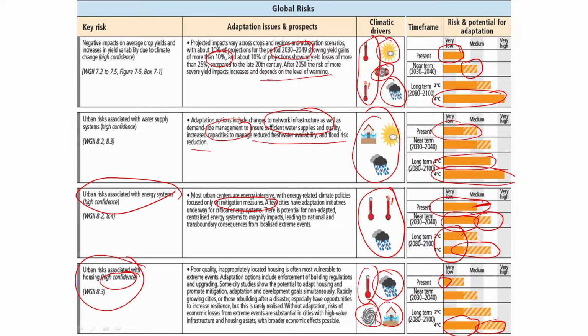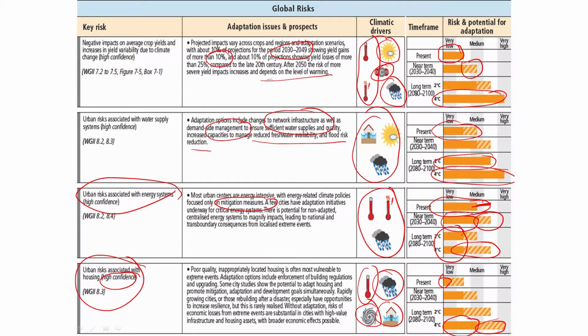So right now the issues are that poor quality, inappropriately located housing is often most vulnerable to extreme events. When you look at many of the flood events in India, there is obviously high rainfall, but the loss and damage can be much higher than expected because houses have been built inappropriately, constructions are of poor standard and so on.